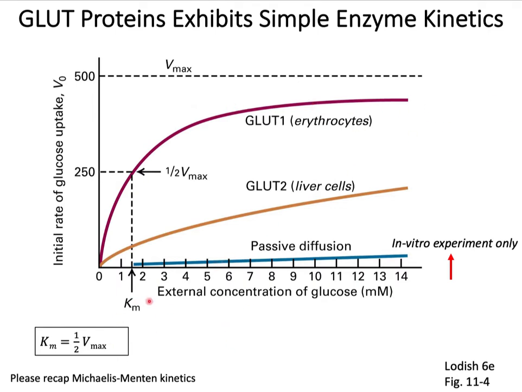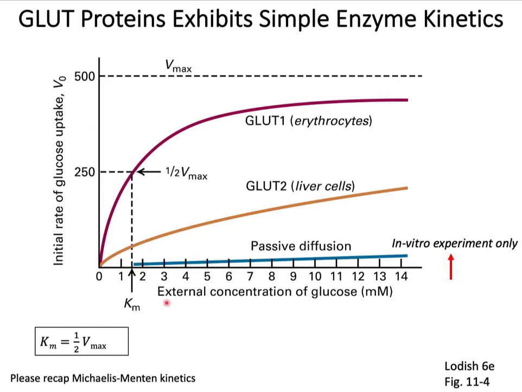The Km, the concentration at which the rate of glucose uptake is half maximal, depends on the affinity of the transporter for the transported molecule. For say GLUT2, the Km would be like 20 millimolar, so it has a much lower affinity for glucose than GLUT1, with a Km of 1.5 millimolar.